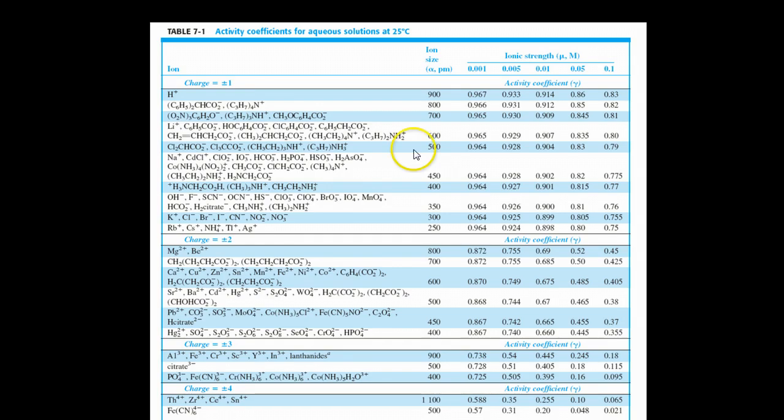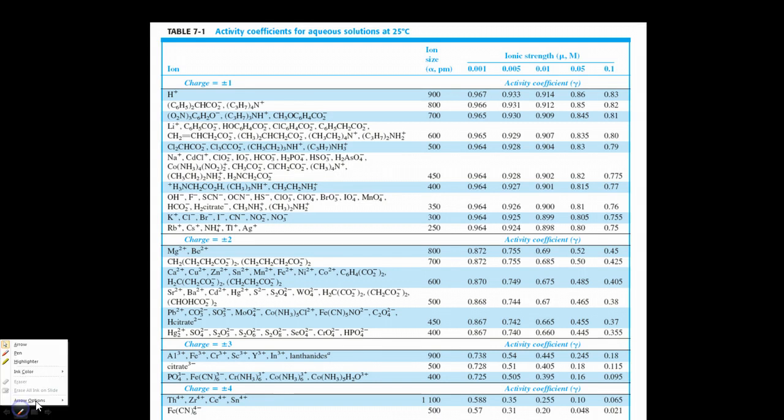We find two values around an ionic strength of 0.03, somewhere between 0.01 and 0.05. Looking at iron 3 plus in the table, we have 0.445 and 0.245.